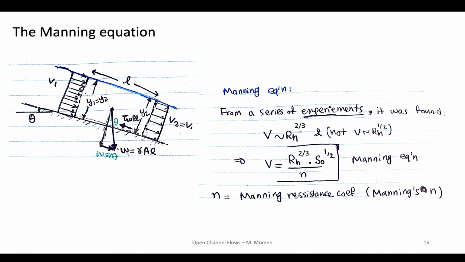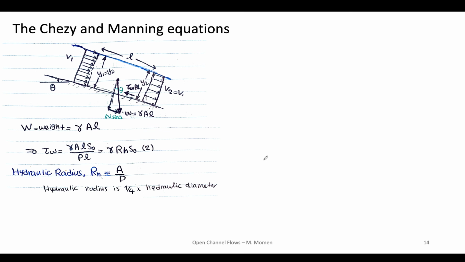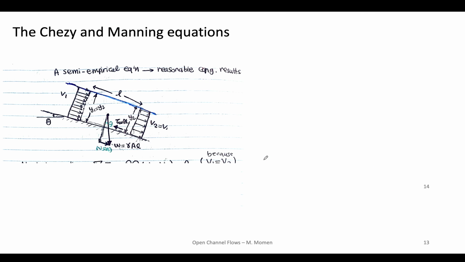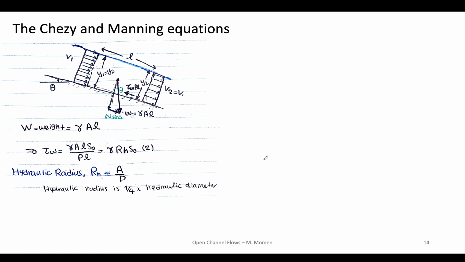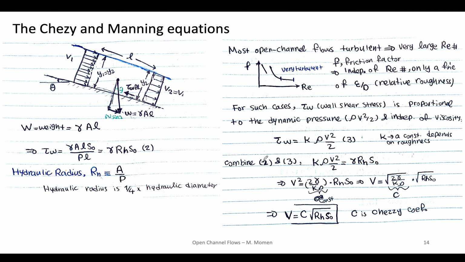We also made some assumptions about the velocity profiles and other things for uniform flow. So V is a function of R_H to the 1/2 and S naught to the 1/2, right?